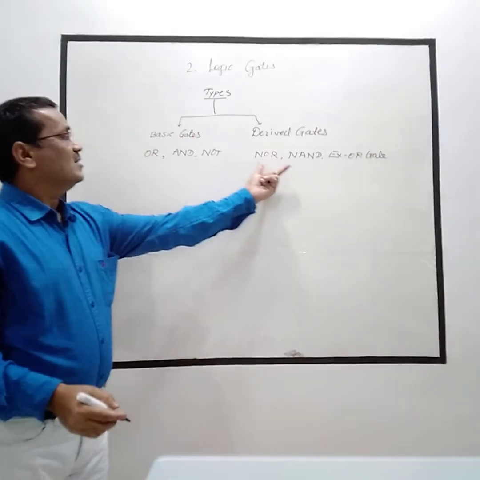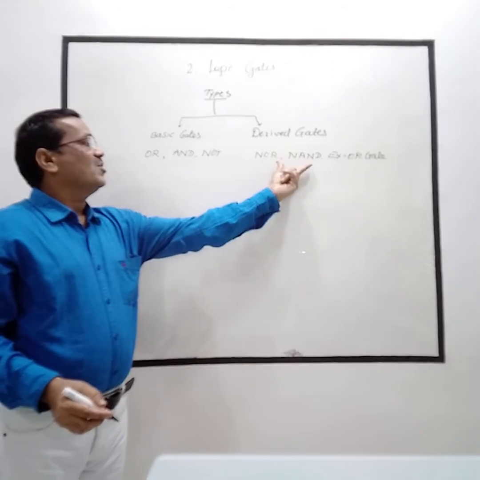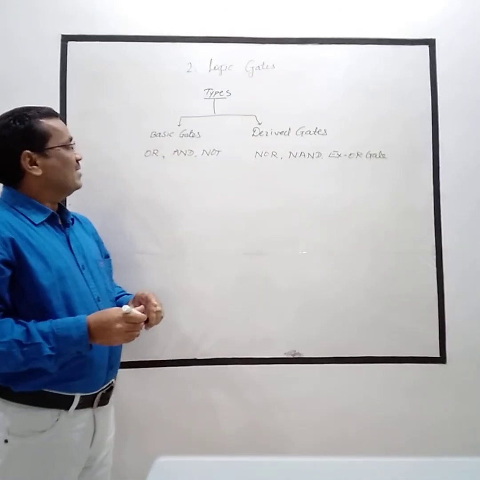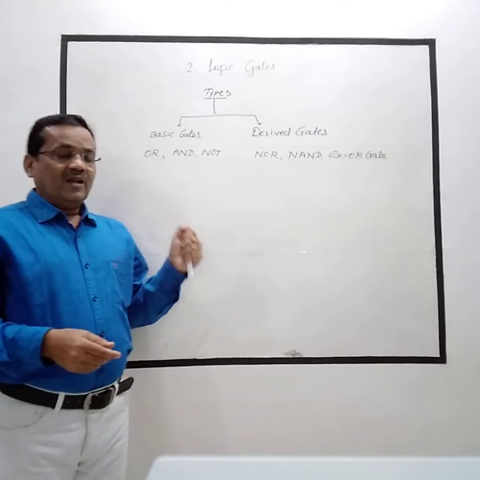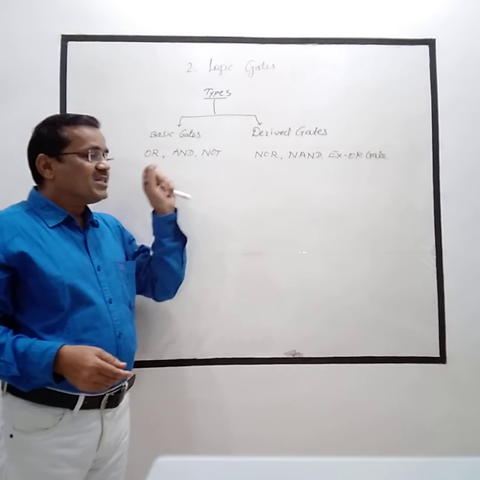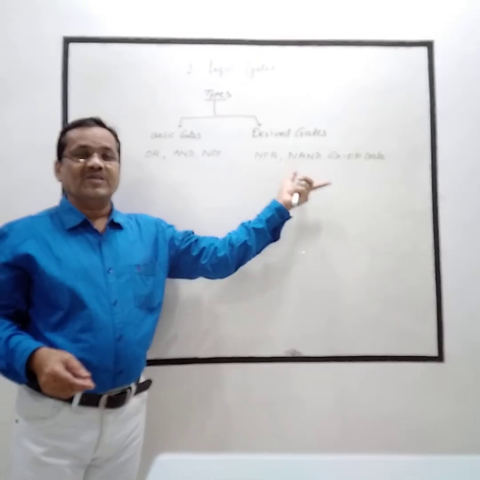So these are the derived types of gates, and those are the basic gates. Now we have to study the basic gates as well as derived gates in this chapter.